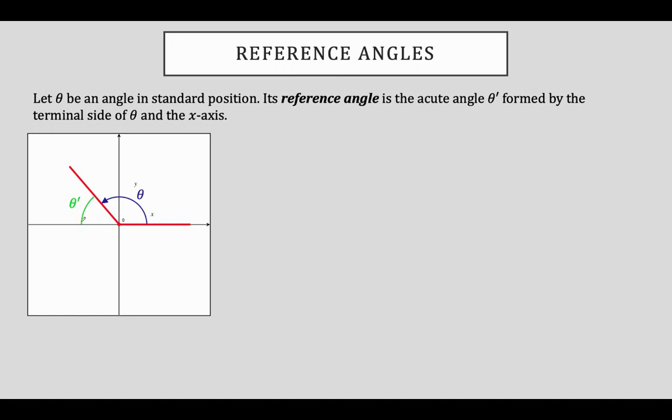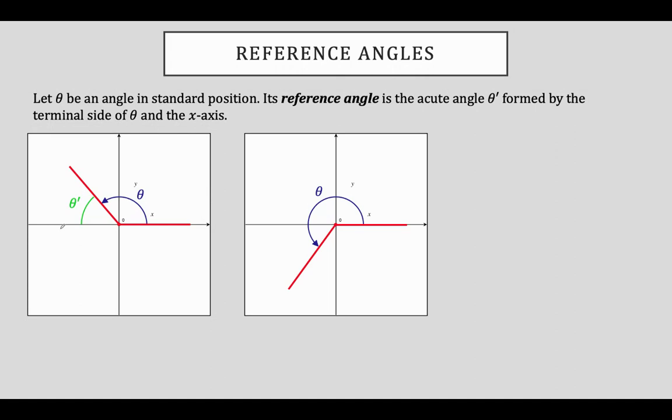It has to be between 0 and pi over 2 radians, and it is formed by the terminal side of my angle and the x-axis. Now, similarly, if I had an angle that was in the third quadrant, my reference angle would be this green angle here.